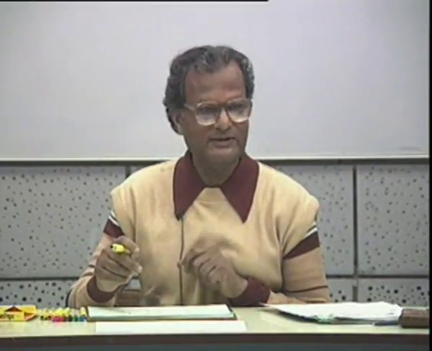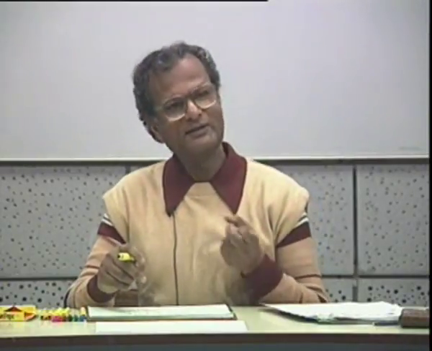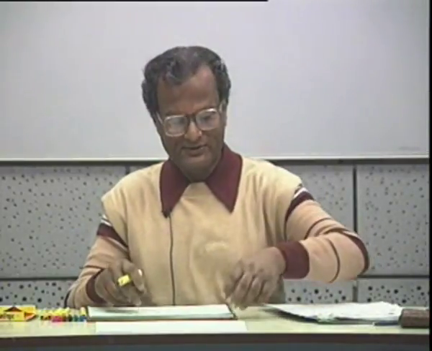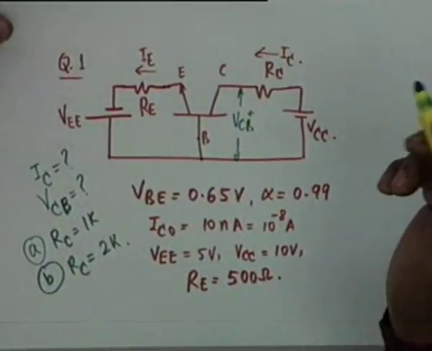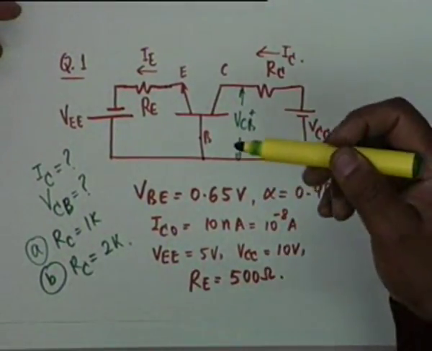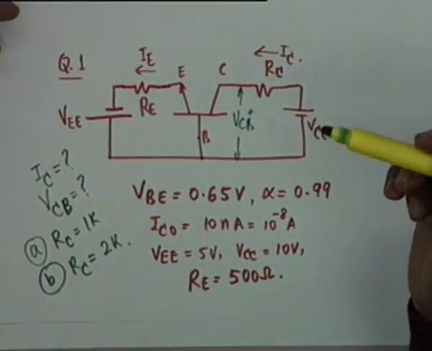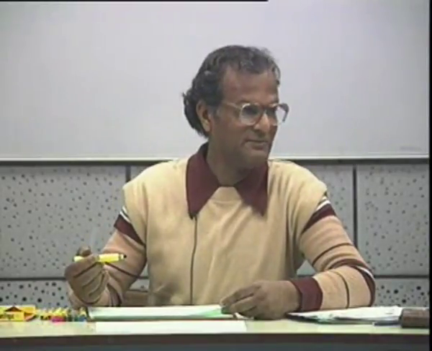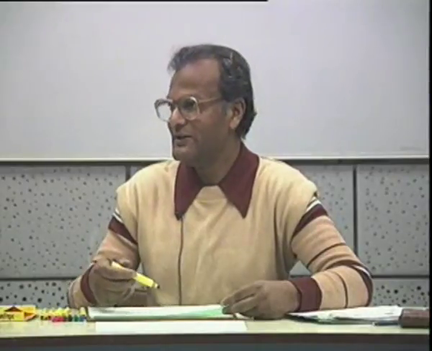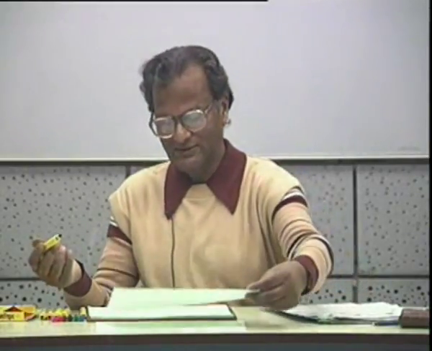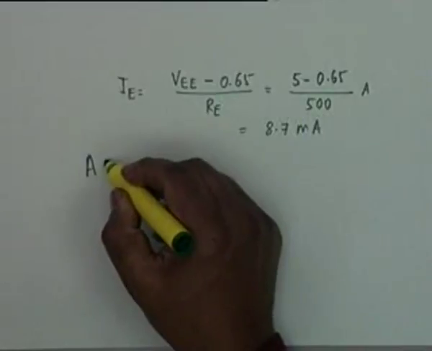Let us assume an active mode. If there is a contradiction, then we shall investigate the other mode. Okay. So let's assume that the transistor is in the active mode. It is also suggested by the fact that this voltage is 0.65. However, there is nothing sacred about it, because as you know there is a small variation from transistor to transistor. So let us assume an active mode.